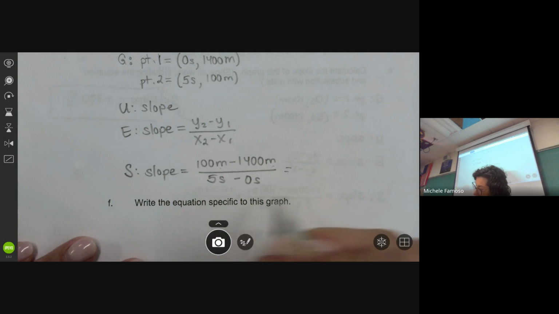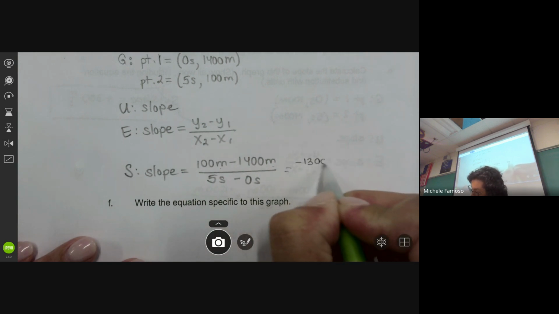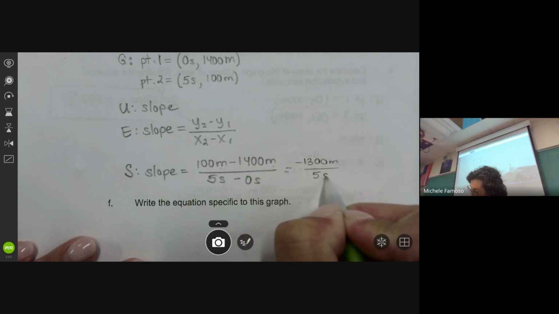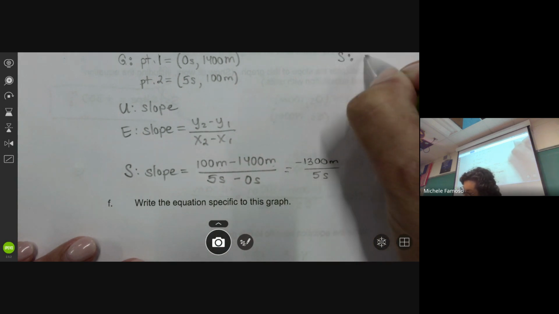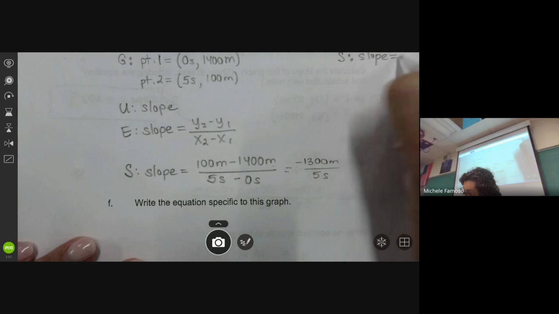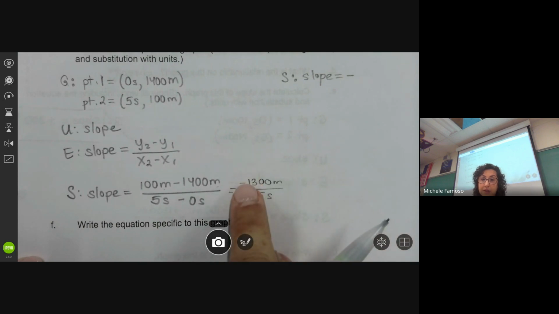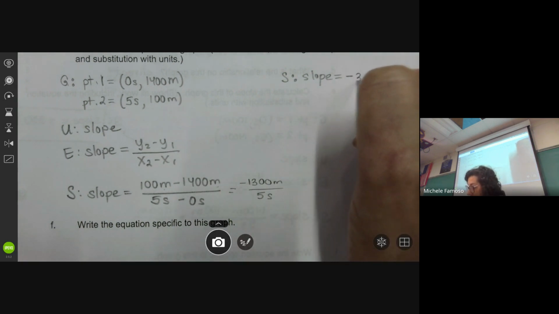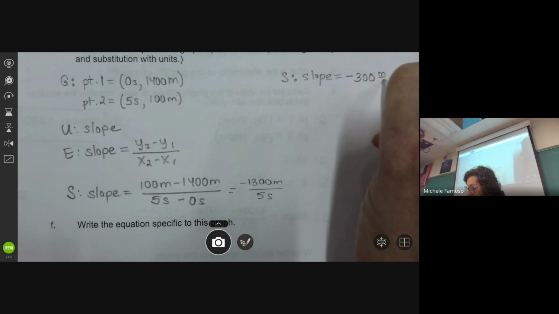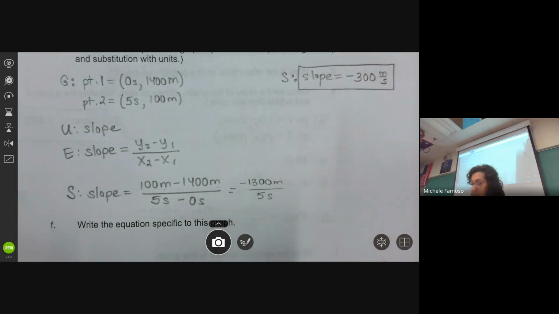Then remember, we do our subtraction. So that gives me negative 1,300 meters over 5 seconds. So when I solve this to get an answer with units and sig figs, here I get the negative value, right? There's the negative sign. Now I have a negative answer. And with one sig fig, again, because of the 5 seconds, this one was negative 300 m over s.